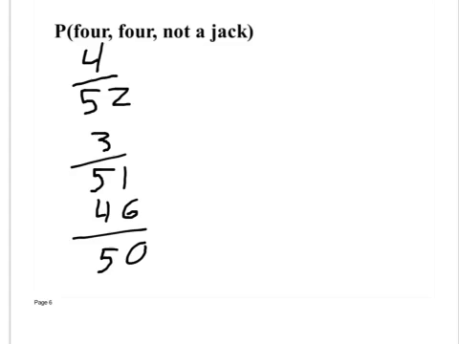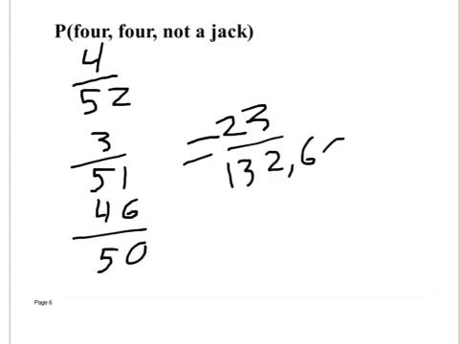So 4 over 52 times 3 over 51 times 46 over 50. That comes out to 552 over 132,600, which reduces to 23 over 5525.